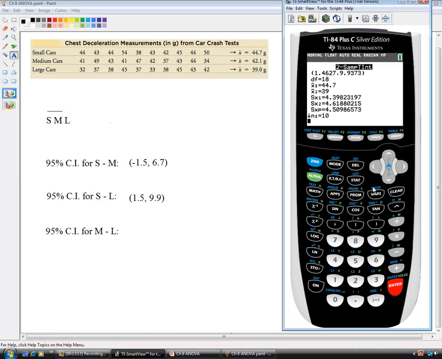And our last one, we're going to do medium and large, so list 2 and list 3. So this one will change to list 2. And we calculate, and this goes between negative 1.1 and positive 7.3.